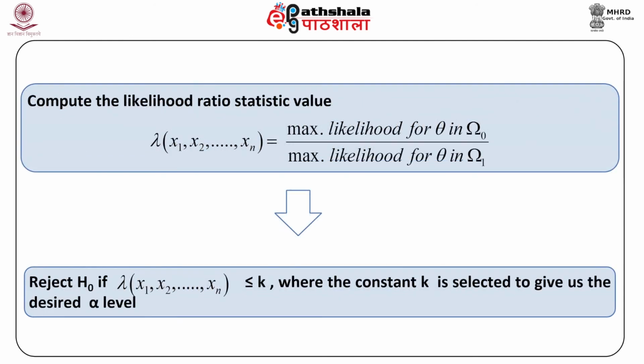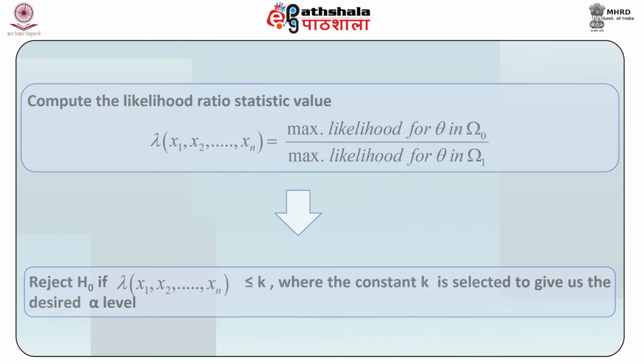Then the third step is to compute the likelihood ratio statistic, denoted as lambda, a function of x1, x2, up to xn, which is equal to the maximum likelihood for theta in phi 0 divided by the maximum likelihood for theta in phi 1. The last step is to reject the null hypothesis H0 if lambda is less than or equal to k, where the constant k is selected to give us the desired alpha level.